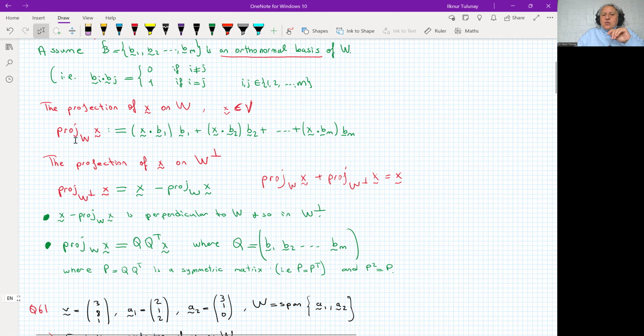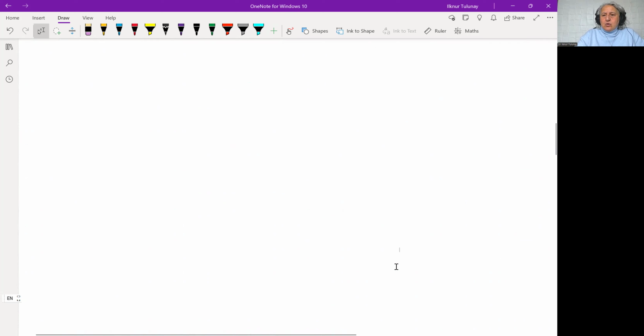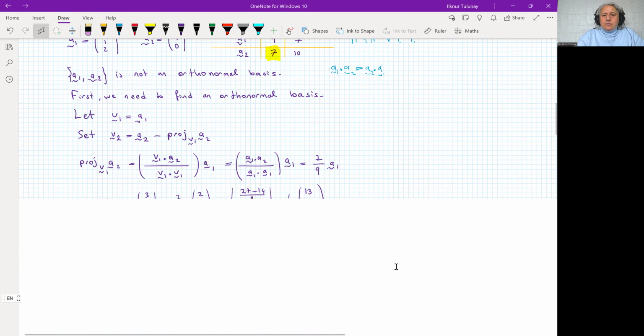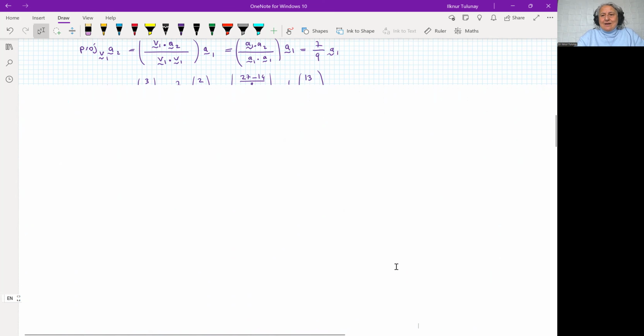It doesn't matter which vector space you're using here. This could be W or W perp, as long as you have an orthonormal basis of the vector space, this formula will work. The same logic will work for the question at hand.